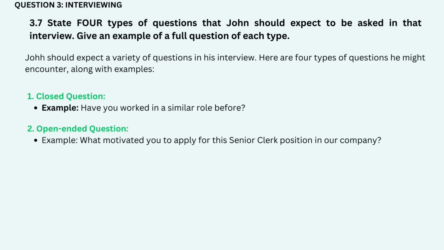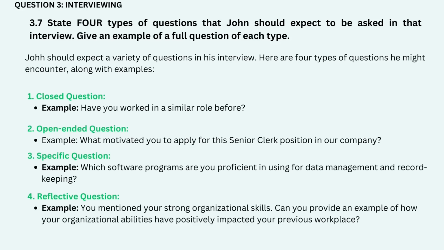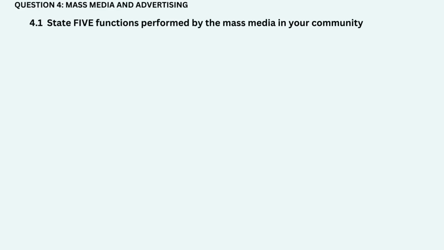Example: what motivated you to apply for this senior clerk position in our company? 3. Specific question. Example: which software programs are you proficient in using for data management and record keeping? 4. Reflective question. Example: you mentioned your strong organizational skills. Can you provide an example of how your organizational abilities have positively impacted your previous workplace?